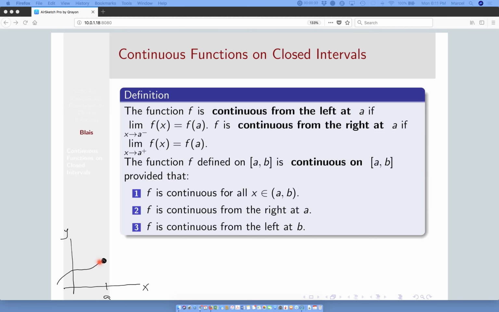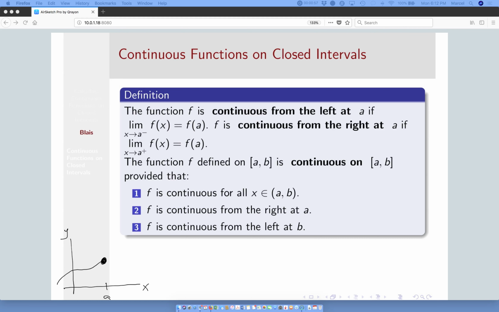And so remember, the idea of continuity is that the function value, if we had the function drawn like this, at a, f of a, equals the limit of f of x as x approaches a. But in this case, we don't care about the right-hand side.